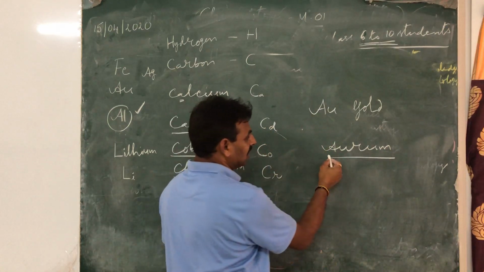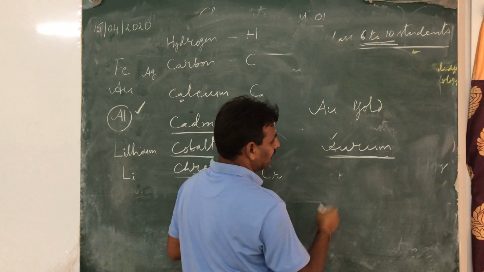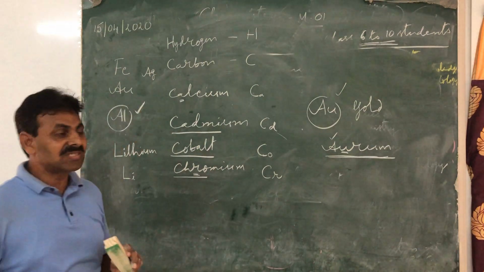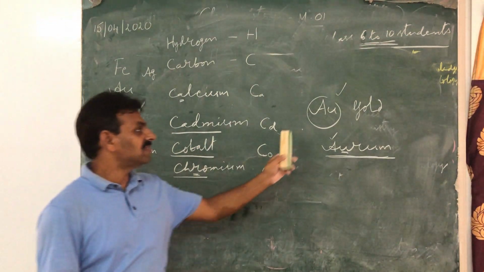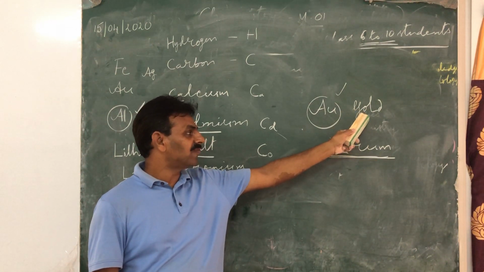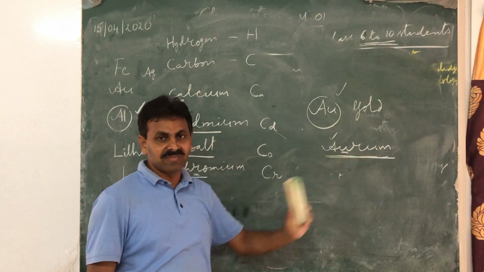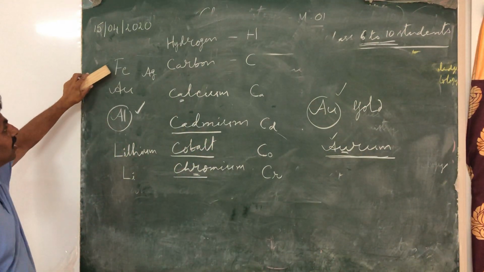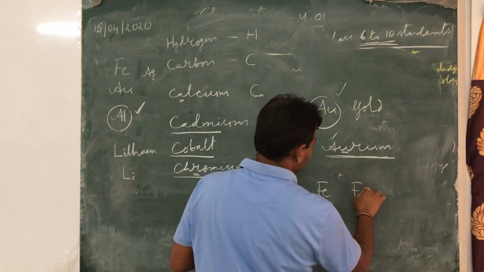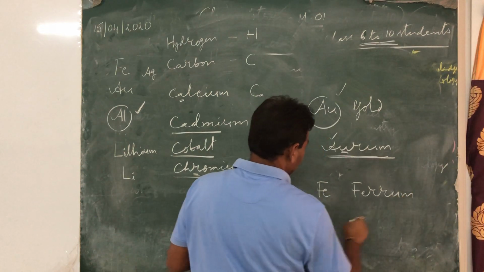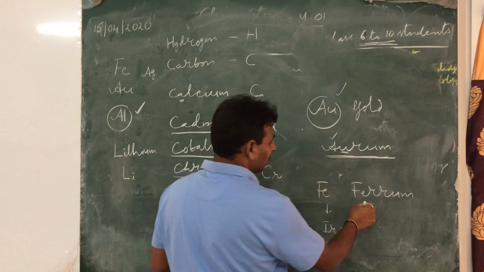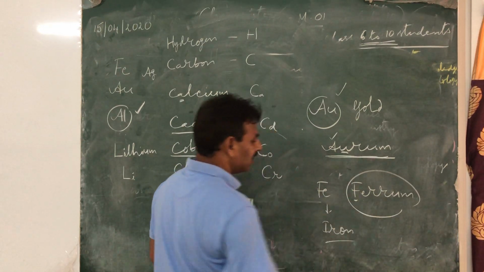So they have taken the first letter of the Latin name, A as capital, followed by the small letter U, and therefore the symbol of gold is not GO, it is AU, because its symbol has been taken from its Latin name Aurum. Similarly, you see Fe, its Latin name is Ferrum. But the actual name is iron, but its symbol is taken from ferrum, F followed by E, ferrum.